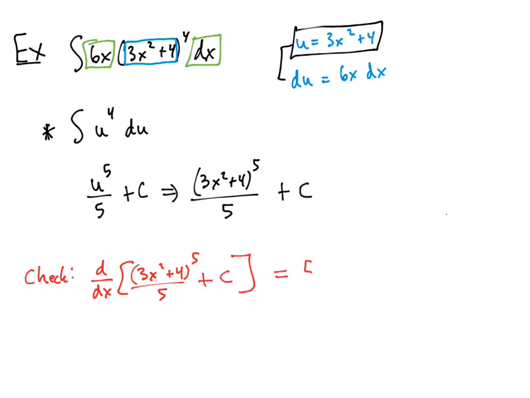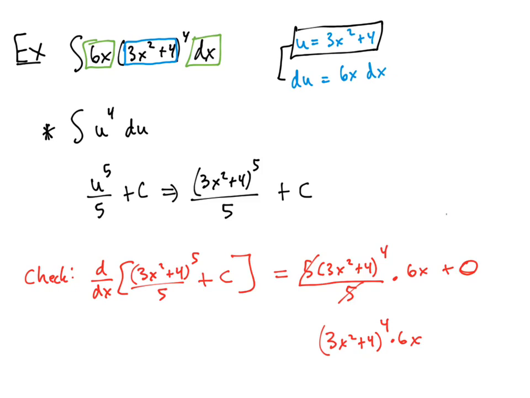We end up with 5 times 3x squared plus 4 raised to the fourth divided by 5 times the derivative of the inside function. That's going to be 6x. And then the derivative of c is just 0. These 5's are going to cancel. We end up with 3x squared plus 4 raised to the fourth power times 6x. And that is what we started out with.